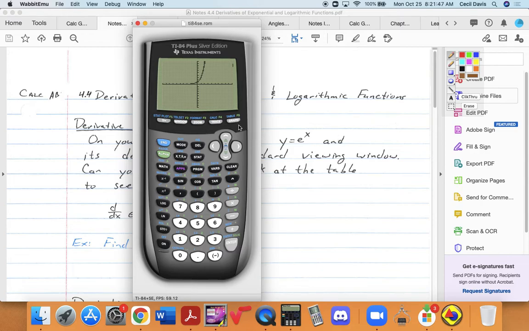Are they the same? It doesn't look like they're quite the same. Let's look at the table. They're not really close enough though, are they? No, they get further apart the further you go. So they're not quite the same. Why is that? Well, because it's not e.